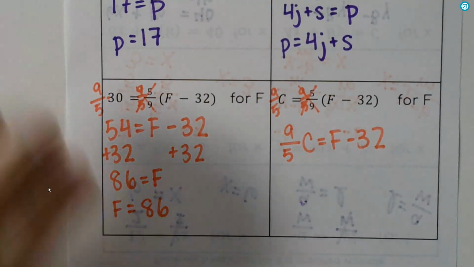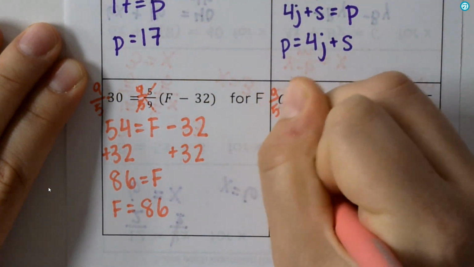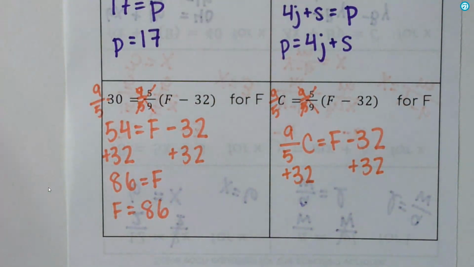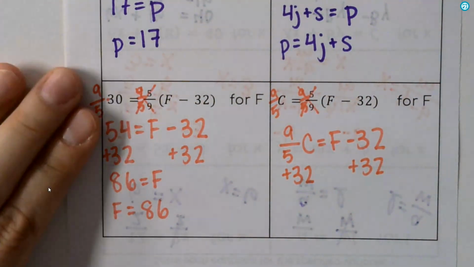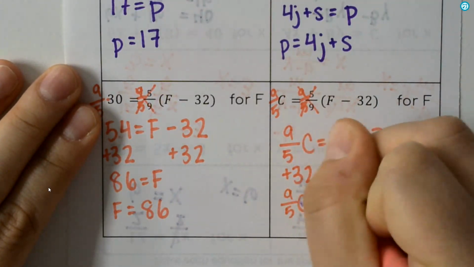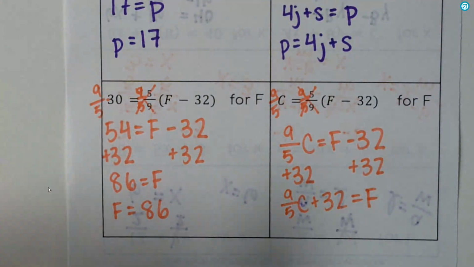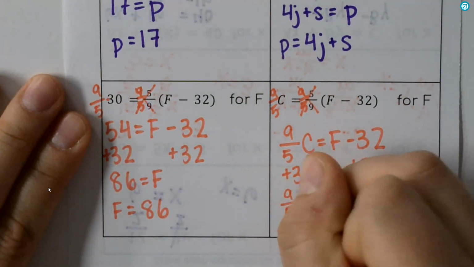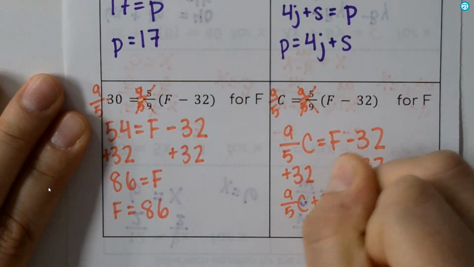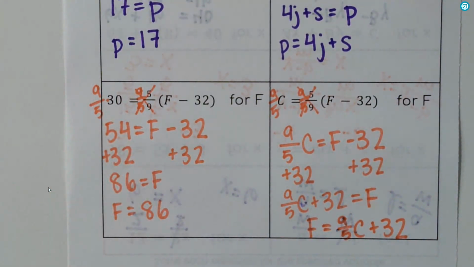And then I will add 32 to both sides. I'm going to get 9/5 C plus 32 equals F. And then I can flip that around. F equals 9/5 C plus 32. Okay. Any questions right now?